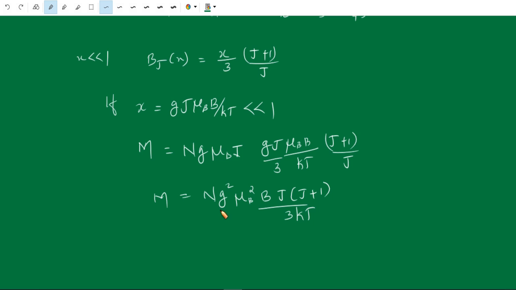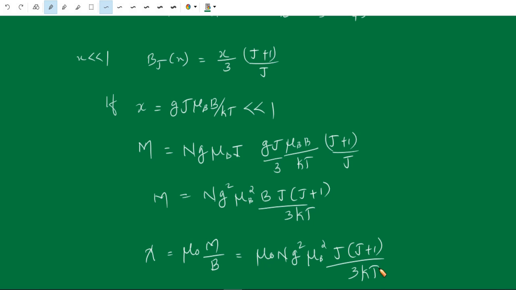Magnetic field is weak. Therefore susceptibility chi is equal to mu 0 M by B. Okay, this is equal to mu 0 times M divided by B, so this B gets cancelled: N g square mu B square j into (j plus 1) divided by 3kT.